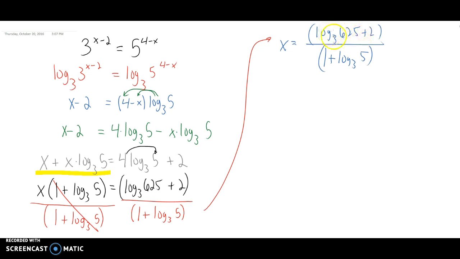So then at this point, evaluate the numerator. It is just going to come out to a number. So I'll get out my calculator. And that gives me about 7.86. And then for my denominator, do 1 plus log base 3 of 5.